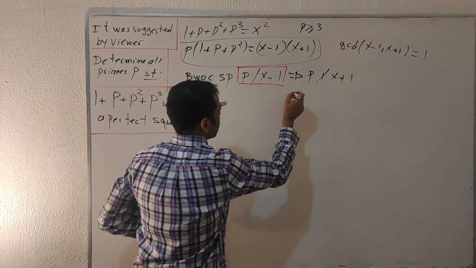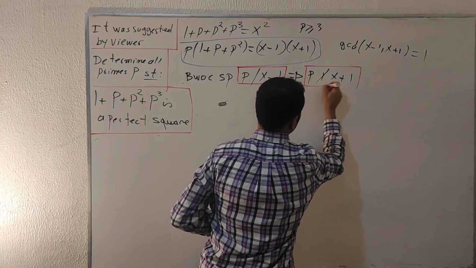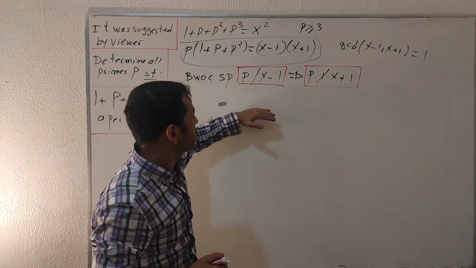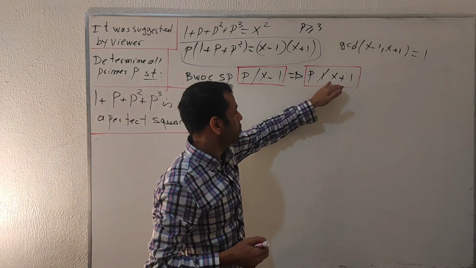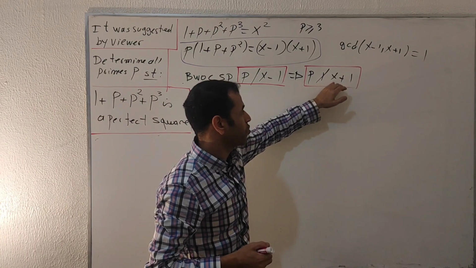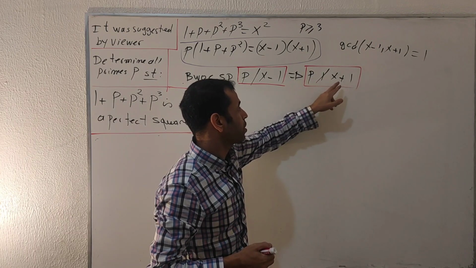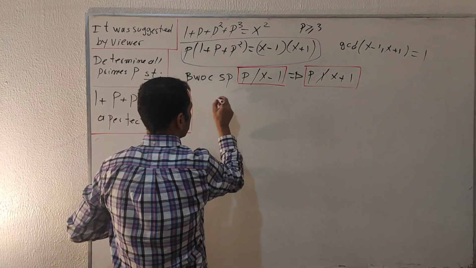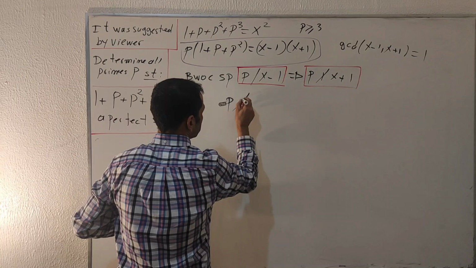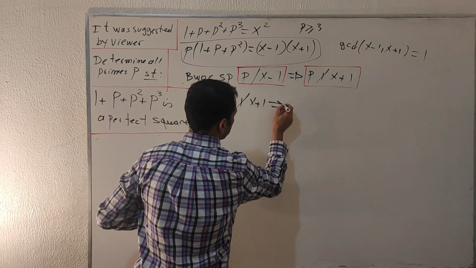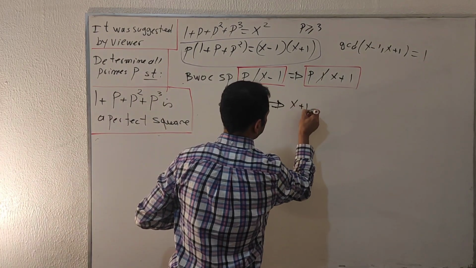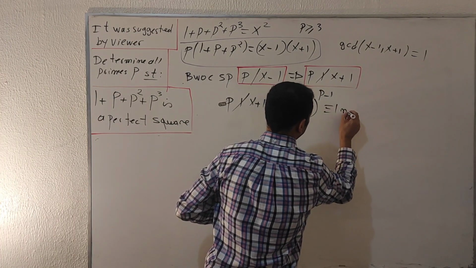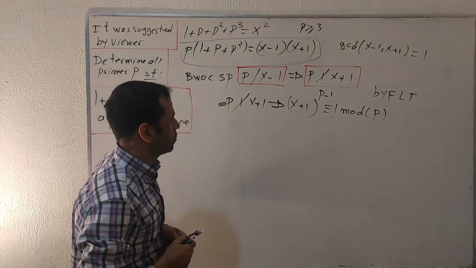So since we have two pieces of information here, I'm going to take advantage of both facts. First, I'm simply going to apply Fermat's little theorem, because we have p as a prime not dividing this integer. So we know p does not divide x plus 1. This implies x plus 1 to the p minus 1 is congruent to 1 mod p by Fermat's little theorem.